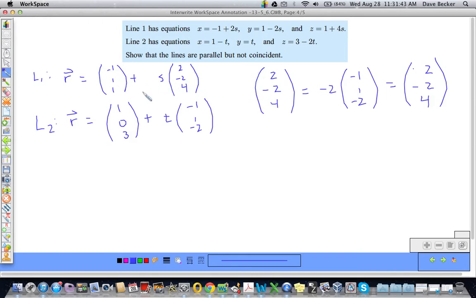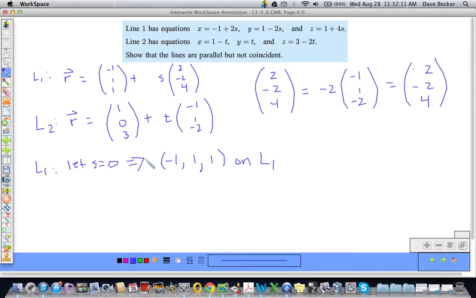So let's get a point on line 1. On line 1, I'm going to let s equal 0. If s equals 0, then I get (-1, 1, 1) as a point because all of these go away. So I have the point (-1, 1, 1) that is on line 1.